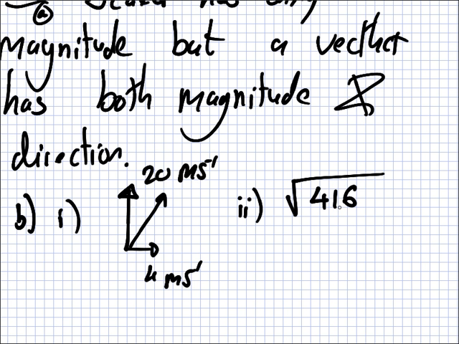Root 416 is 20.4. And then the direction would be tan inverse 20 over 4. If I'm getting this angle, it'd be 20 over 4. And if it was that angle, it'd be 4 over 20.